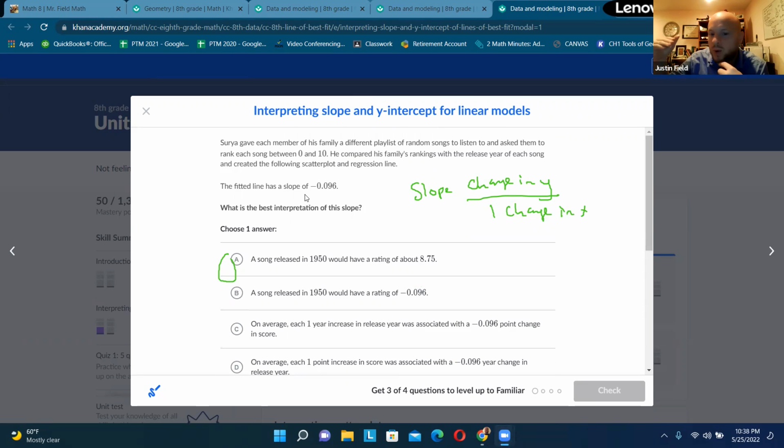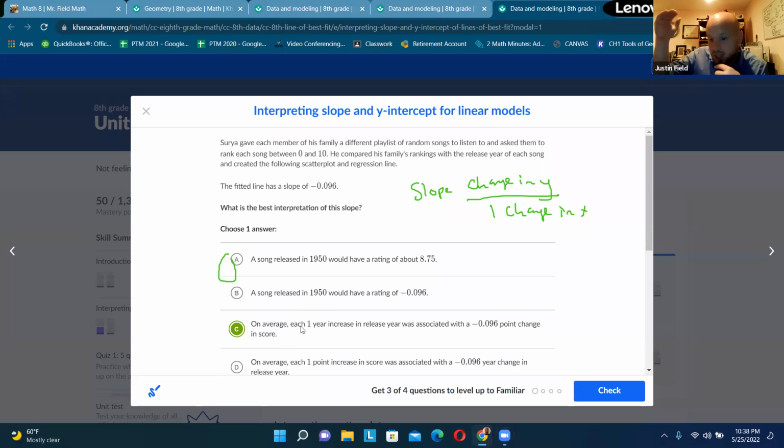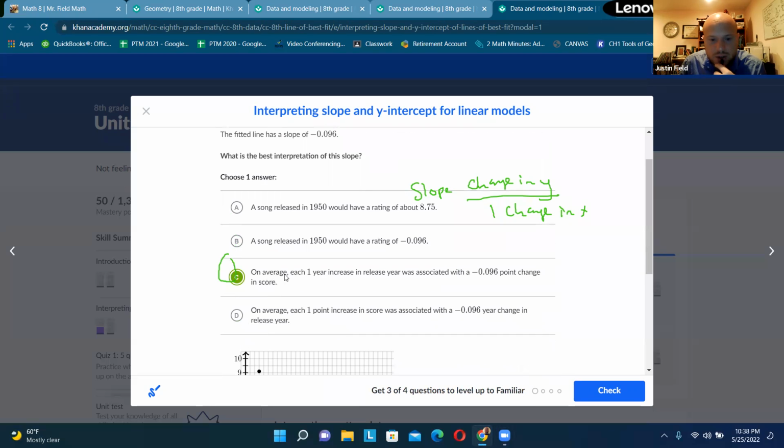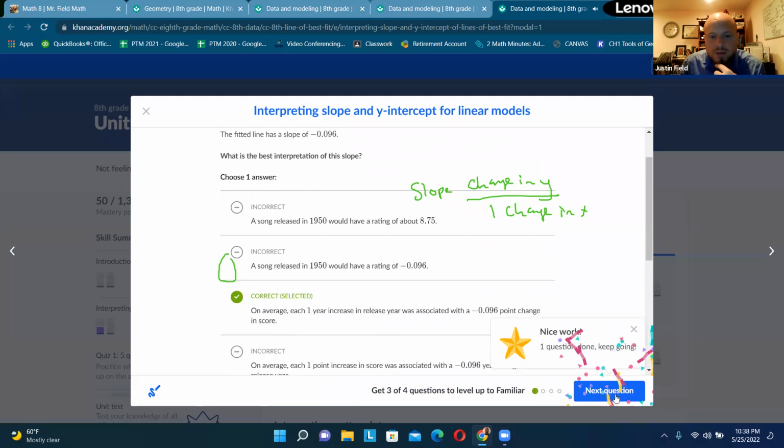It goes down by 0.096. So on average, every 1 year increase is a decrease in the score. Associated, what's the difference here between these two? 1 year increase was associated with a point change in the score.